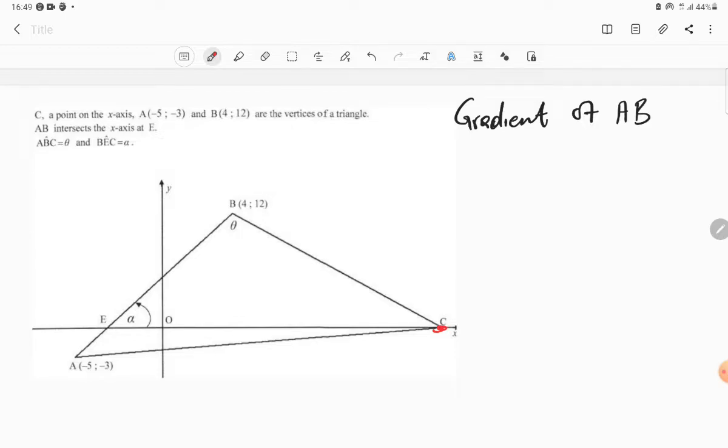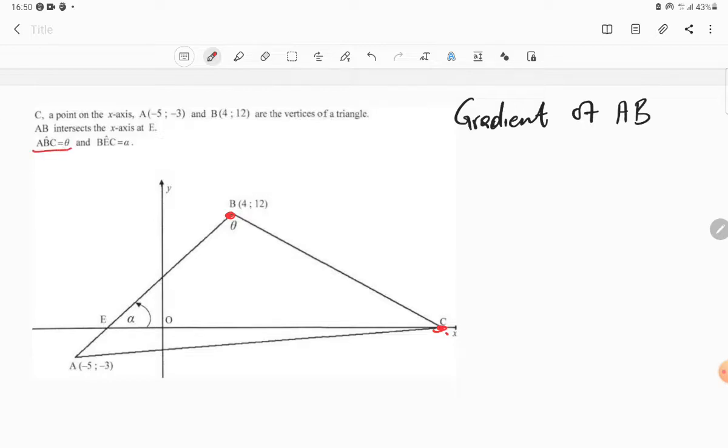So C, A, and B are the vertices of a triangle, as you can see. Then AB intersects the x-axis at E. So this line AB intersects the x-axis at E.